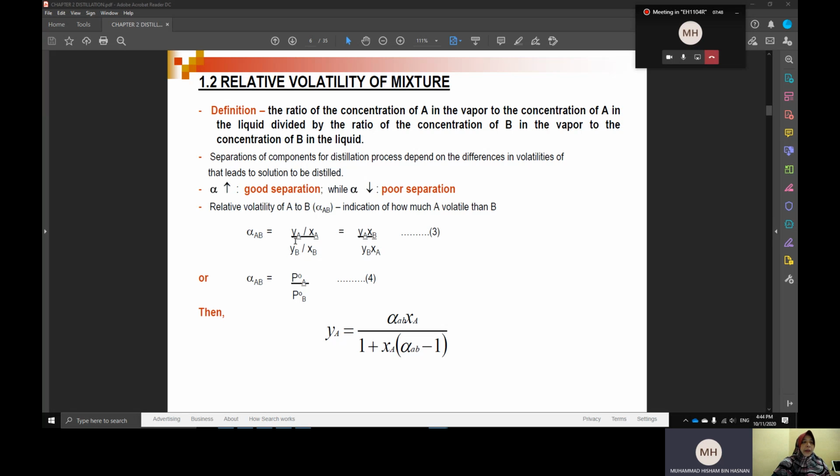If you look at this one, you have alpha, y, x, you have 2y, 2x, and 1 minus alpha. Altogether, you have 5 variables in one equation. But if you look at this equation, you have y, you have x, xa, no, xb, and then you have alpha AB, which is the relative volatility of A and B. You can just use capital A and capital B here.